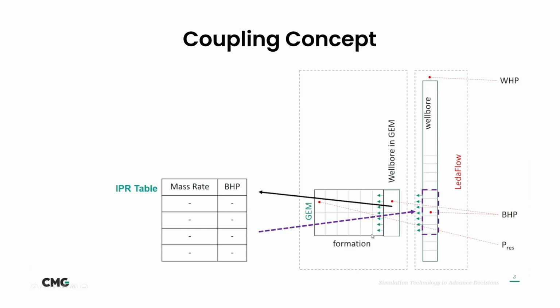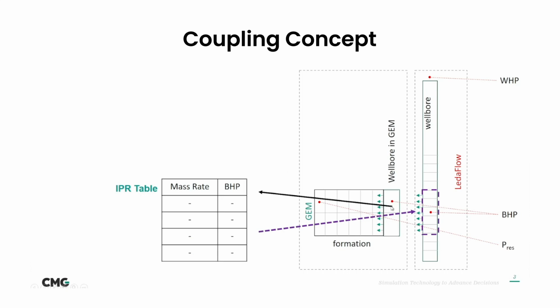In this right hand side schematic, I am showing a typical GEM model with some grids and a typical LedaFlow wellbore model with some discretized grid blocks as well. Let's assume we're going to perforate these two blocks in the GEM model, and then with the equivalent length of that perforation zone in GEM, we're going to define the same length of the inflow zone device in LedaFlow to couple these two applications together.